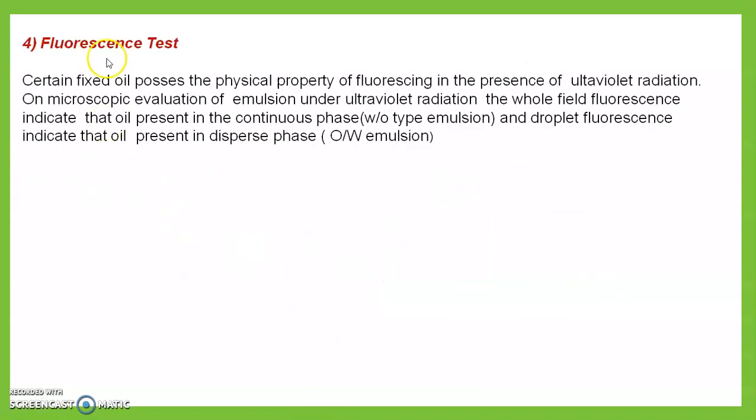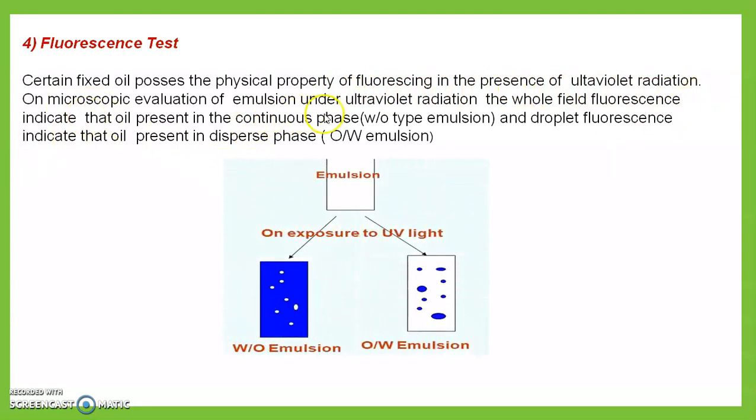Then the next test is the fluorescence test. Certain fixed oils possess the property of fluorescing in the presence of ultraviolet radiation. On microscopic evaluation of the emulsion under ultraviolet radiation, whole field fluorescence indicates that oil is present in the continuous phase.